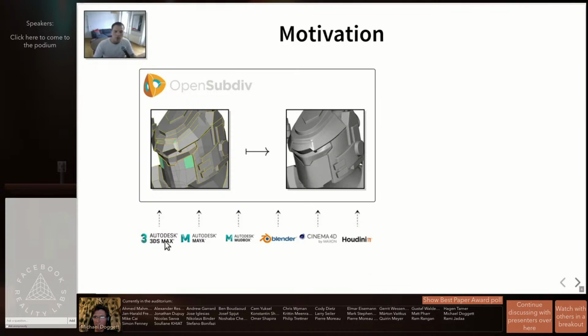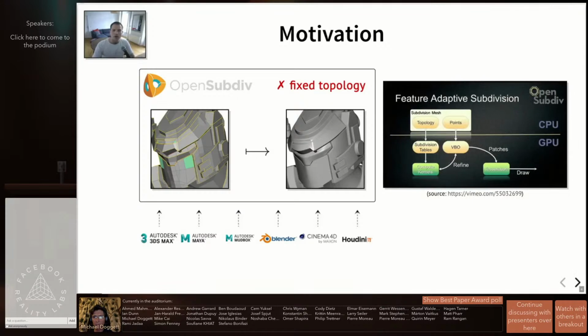The way they do so is by using Pixar's OpenSubdiv library, which unfortunately has a pretty severe limitation in that it's restricted to fixed topologies. The reason for this is that it's built on feature adaptive subdivision, a paper by Niessner and colleagues introduced a few years ago.